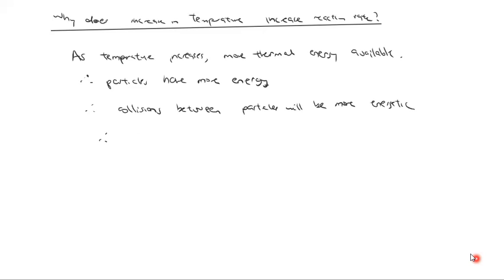Basically, that means more collisions have enough energy to break the bond. And therefore, the more bonds that get broken, the more that can form. And therefore, there is a higher reaction rate.